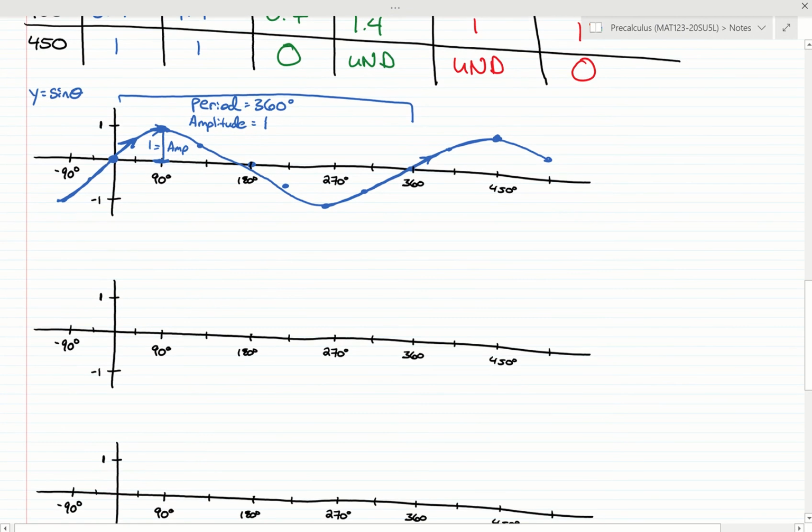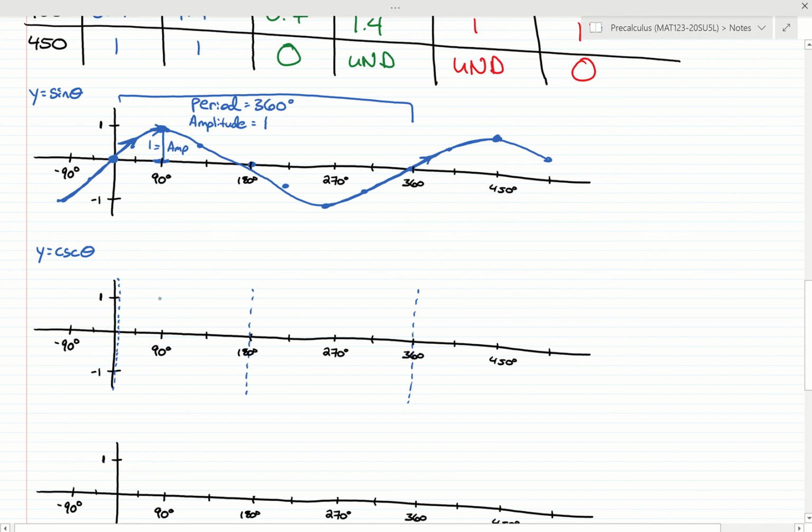Let's move down to graph y is equal to cosecant of theta. We're going to look at our chart and plot those points. So if sine was 0 at 0, the reciprocal would be undefined. I'm actually going to look at my sine graph, and anytime I see sine is 0, I'm going to draw an asymptote, which would mean that the graph is undefined at those values.